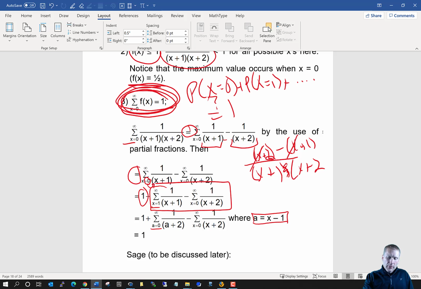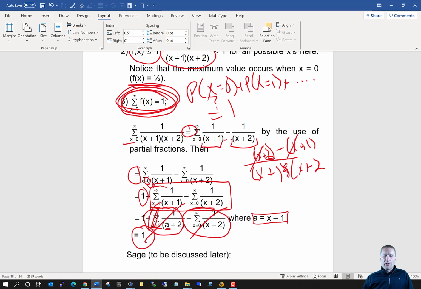Instead of having x minus 1 here, now I have a equals 0 there, and instead of having an x plus 1 there, now I have an a plus 2. Notice what happens. This part is exactly the same as that part. They cancel out, and that's why I'm left with simply 1.